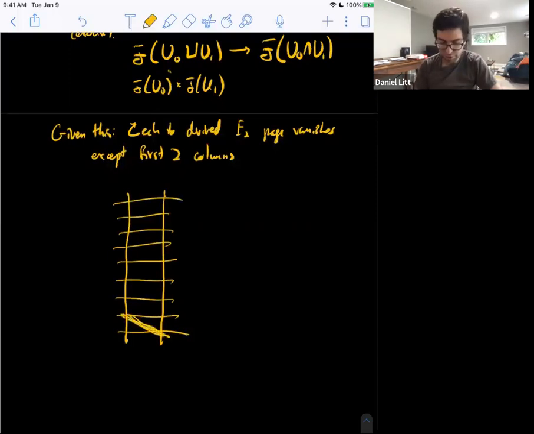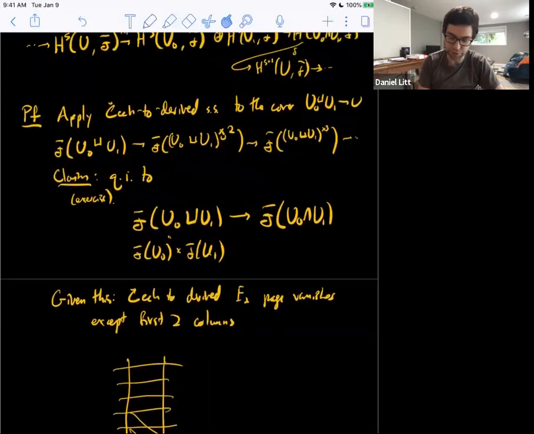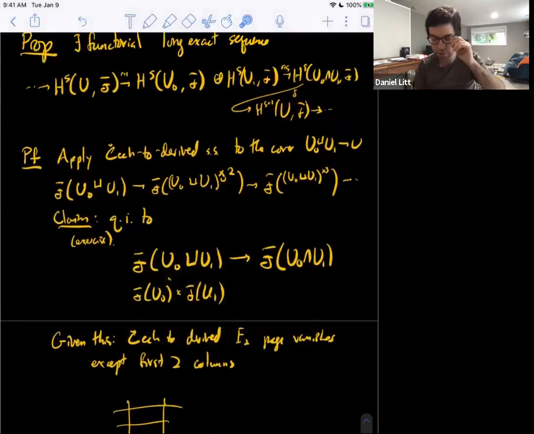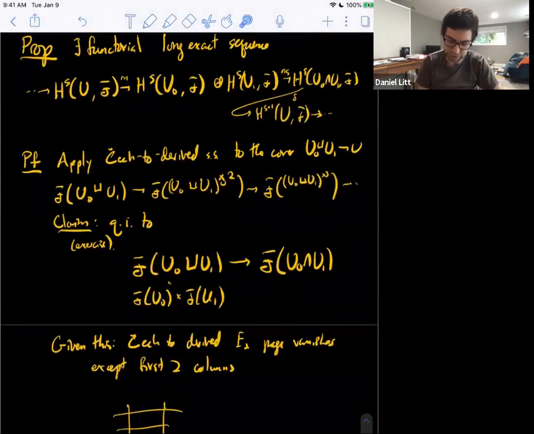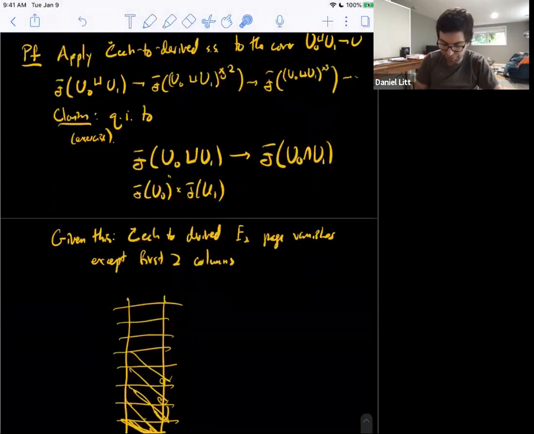There are now some differentials which go between here, for example, and here, and so on and so forth. If you just write down what it means to compute the spectral sequence, these differentials will be exactly the differentials in this Mayer-Vietoris spectral sequence. Let's just look at H1 here. It will be built out of this diagonal of slope 1.